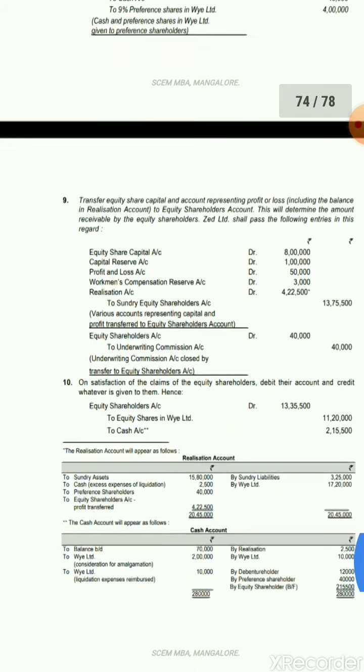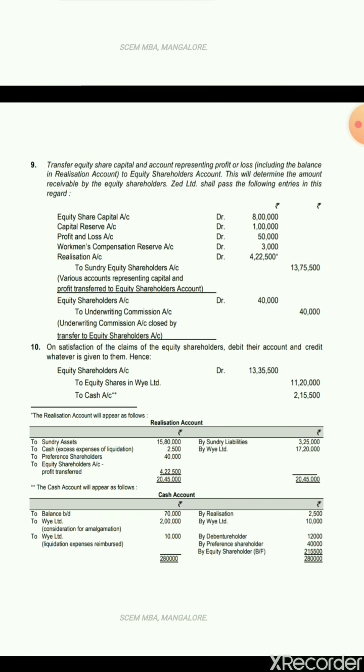Then the ninth one. In the ninth entry, whatever the equity share capital we have, whatever the capital reserve, the profit and loss account, and the reserves we have, all these things should be transferred to the equity shareholders account.